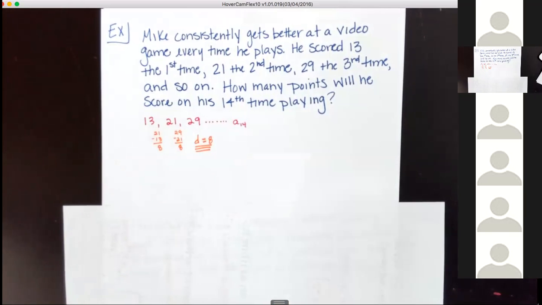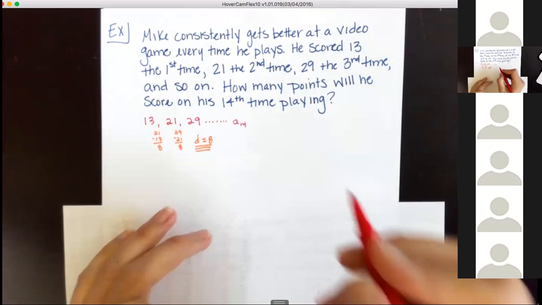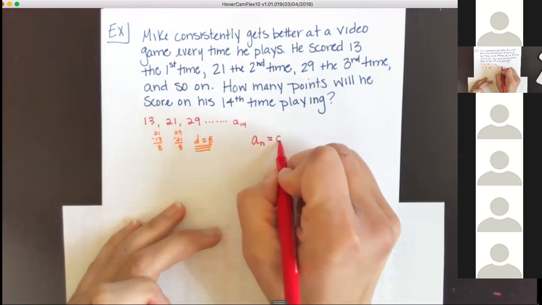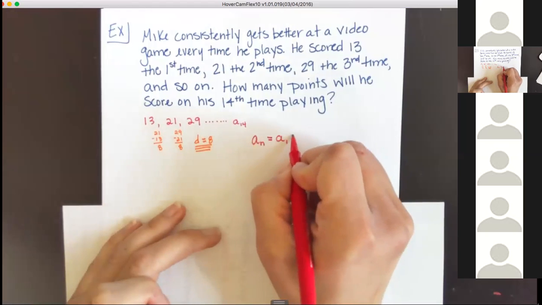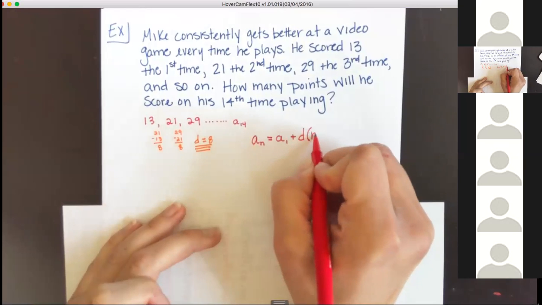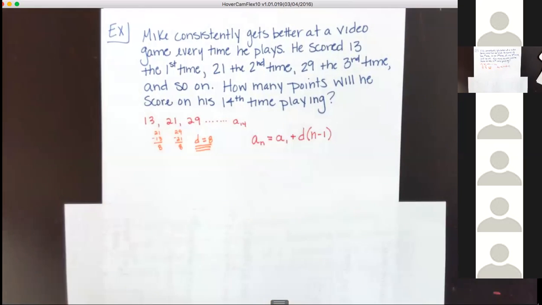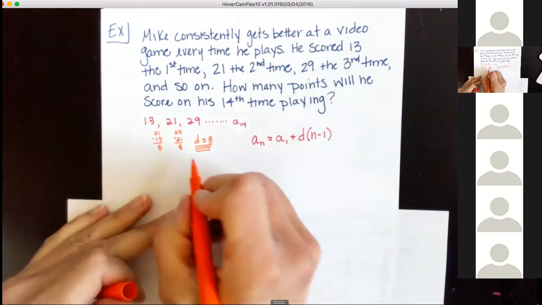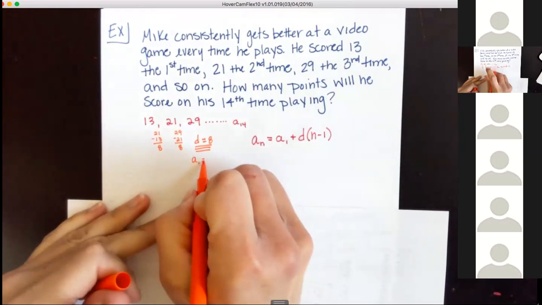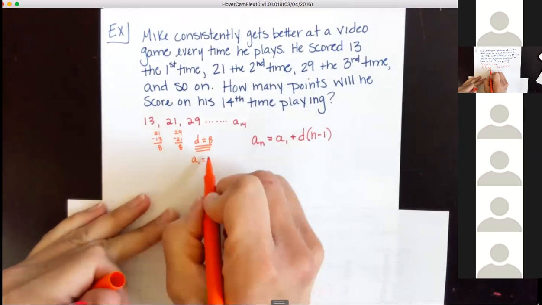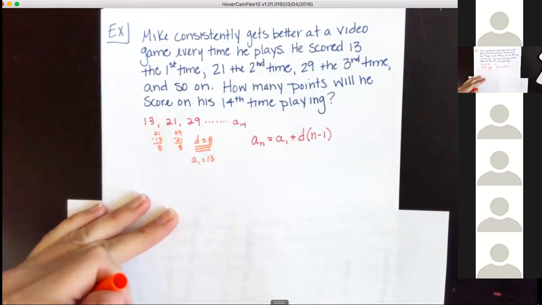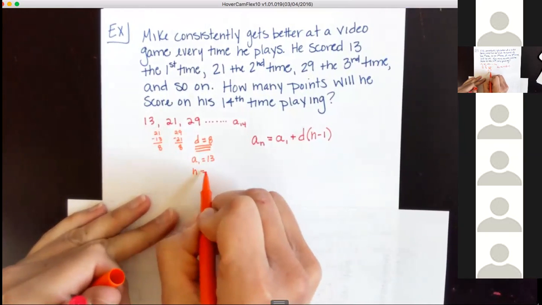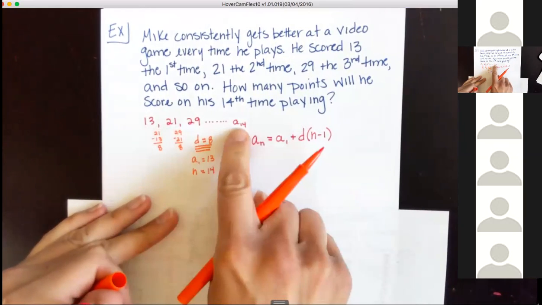So I am going to use my formula for A sub n equals A sub 1 plus D times n minus 1. I know that the common difference is 8. I found that A sub 1, where this pattern started, was 13. And I'm looking for that 14th position.